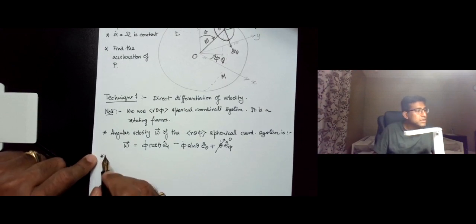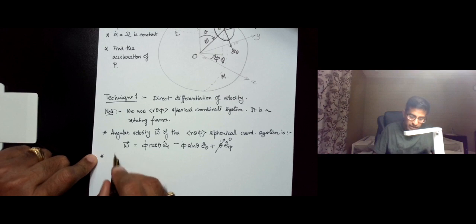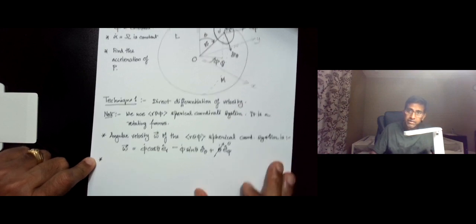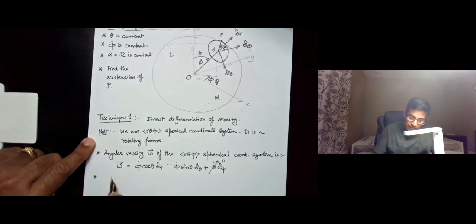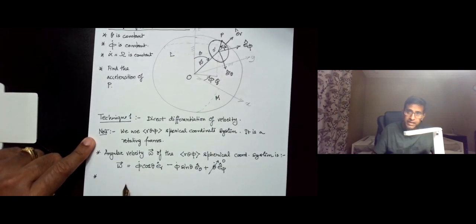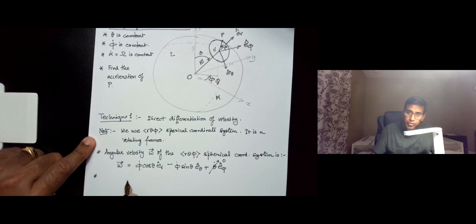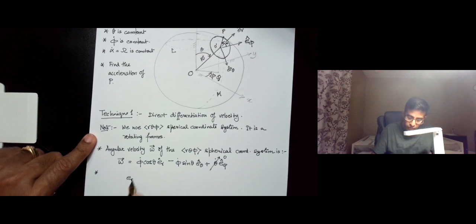Another note is the fact that the r theta phi coordinate system is a right-handed coordinate system, and its unit vector products follow the following rule.